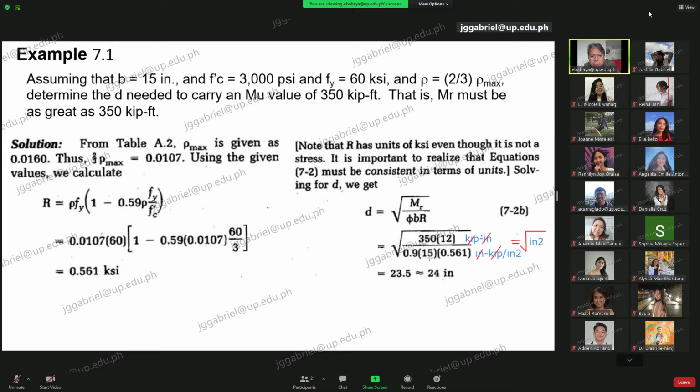And then you'll end up with an inch as your final, that's your final unit, inch. Okay? Did you get that? Nasundan nyo yan? Okay, good. I'm glad na nasundan ninyo.